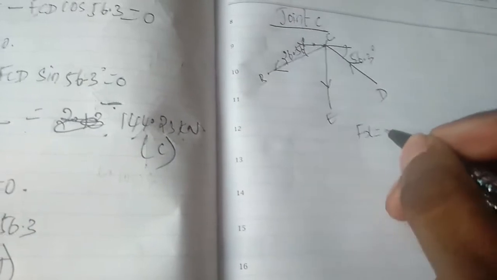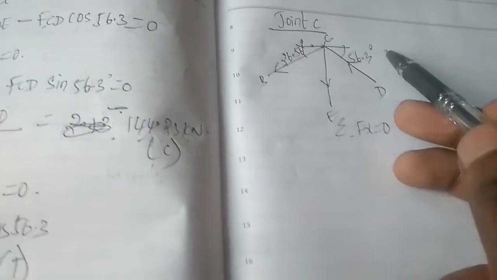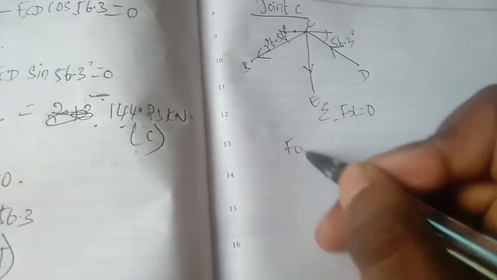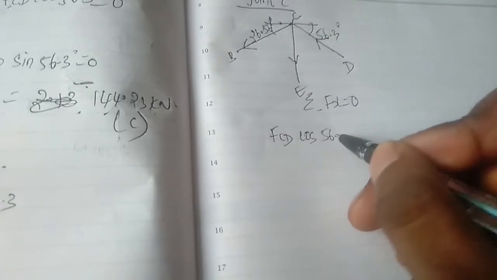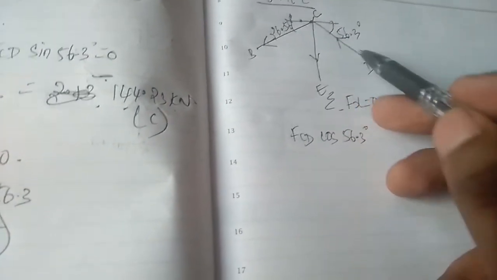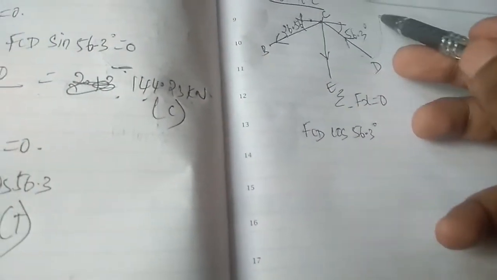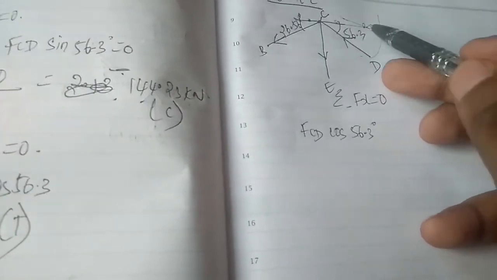So first find the summation of forces in X direction. So what are the forces? If you take this inclined portion to the horizontal, that is nothing but FCD cos 56.3 degree. Since it is in this direction, it will be acting leftwards, towards left.